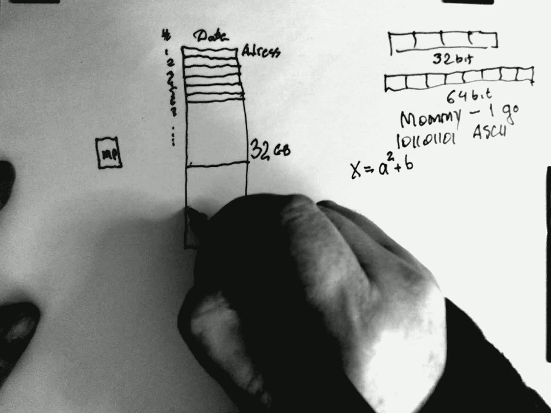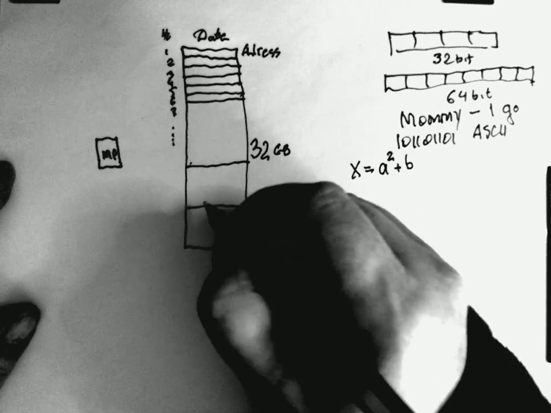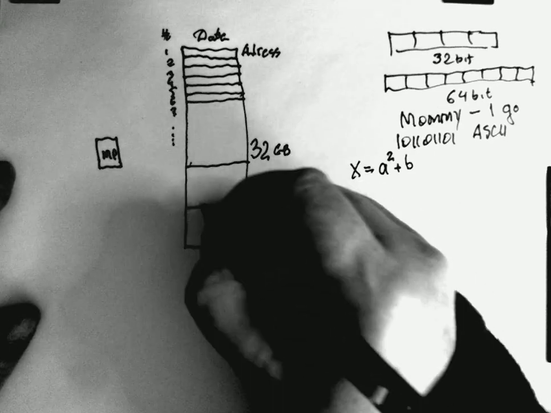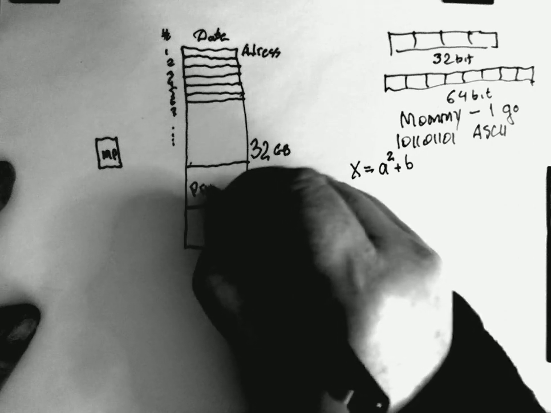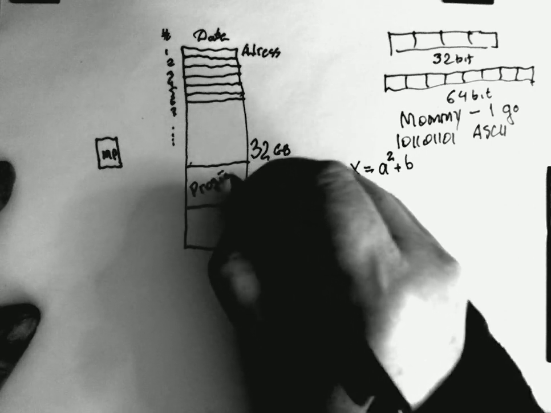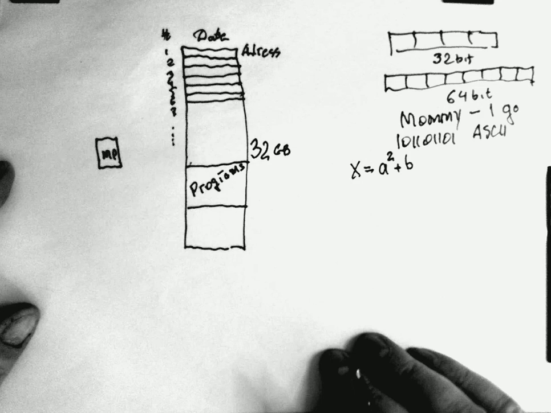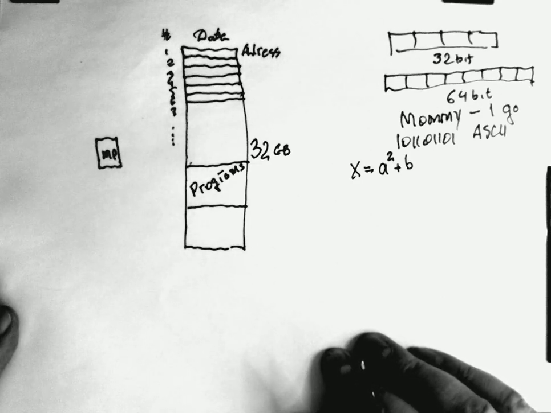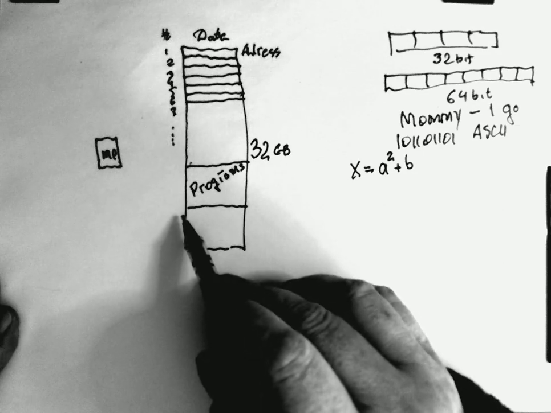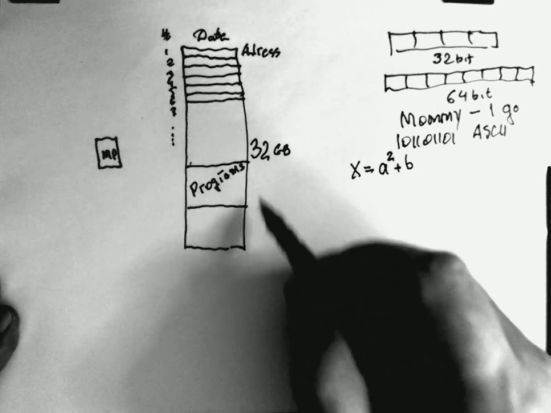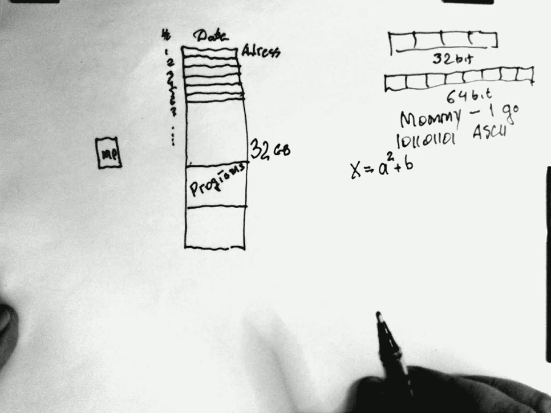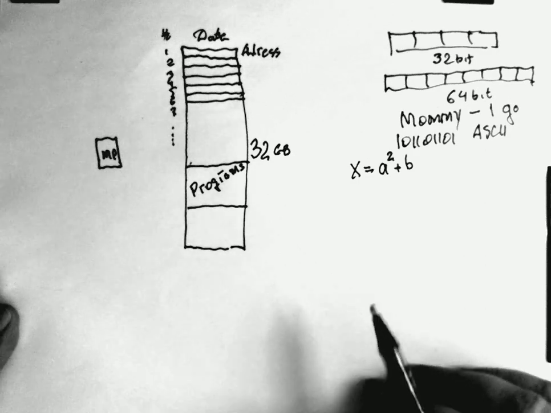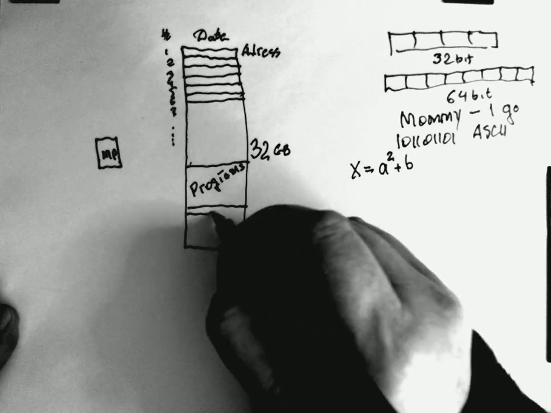Then a significant part of the memory could be programs. What are programs? It's a set of instructions for the microprocessor, which is placed in the same memory but at a different address.